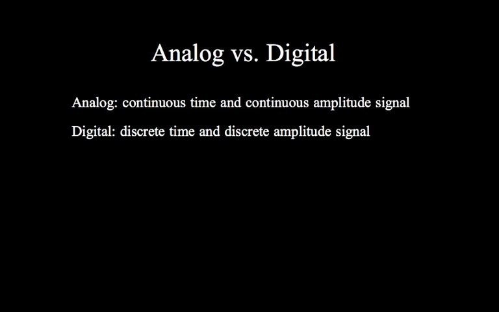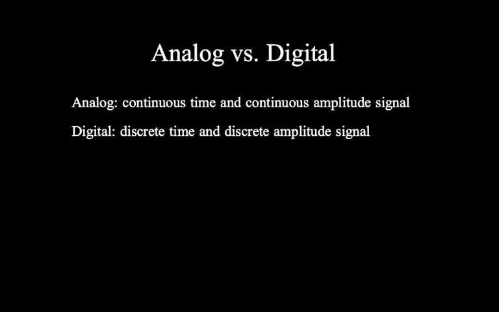Now, what do I mean by continuous versus discrete? In order to really make this difference more understandable and relatable, I think it's good to start with really understanding analog recording technologies. And through this discussion, we can understand better what we mean when we say continuous.